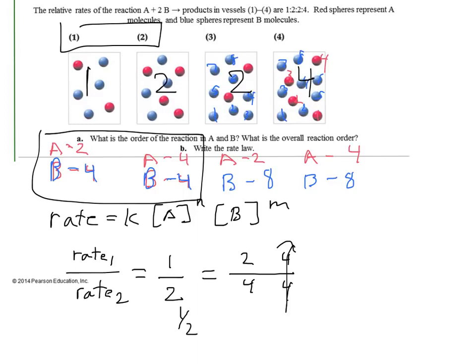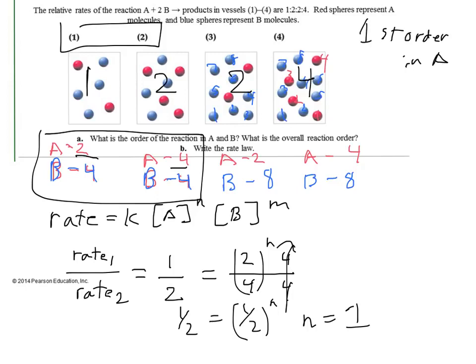So I have 1/2 equals 1/2, right? Because 2 divided by 4 is 1/2. So in other words, when I doubled my concentration of A, my rate doubled. What value of n would make that statement true? n has to be 1. So the reaction is first order in A.